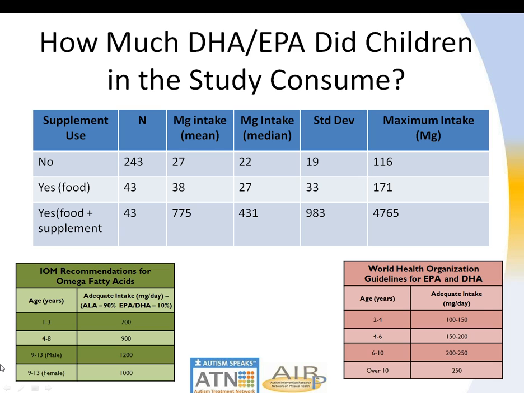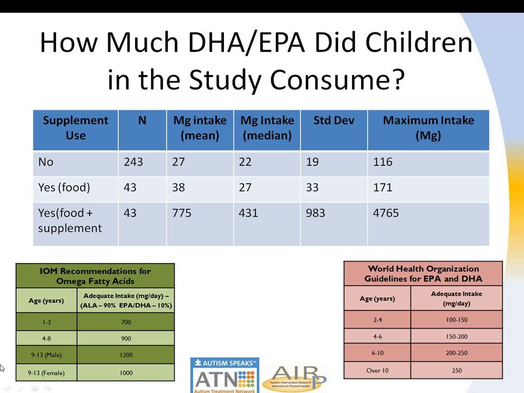And what you see is that from food alone, those are the first two horizontal columns, the intake is really pretty similar and pretty low. If the range in children between 2 and 10 is between 100 and 250 milligrams per day, we're getting 1/10 of that, a little bit more.